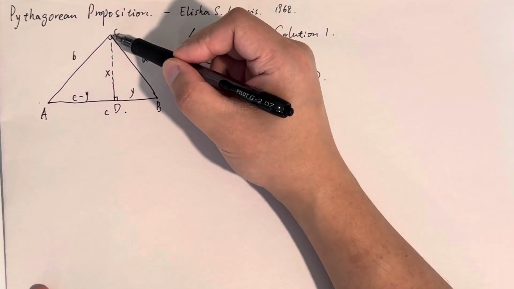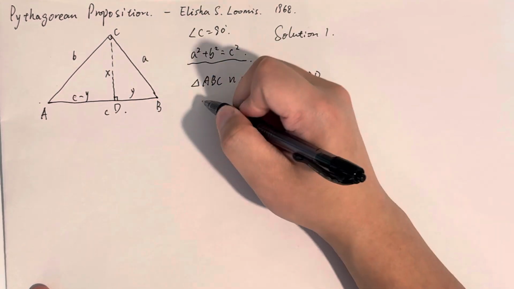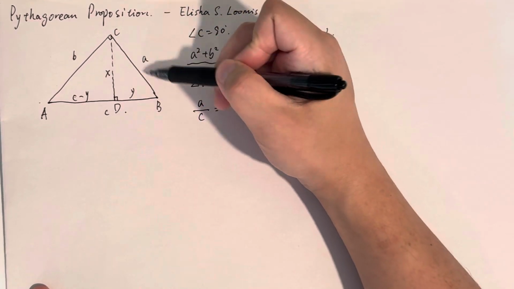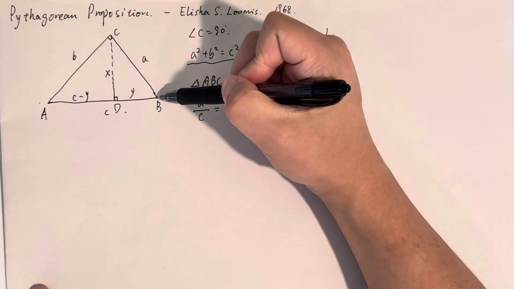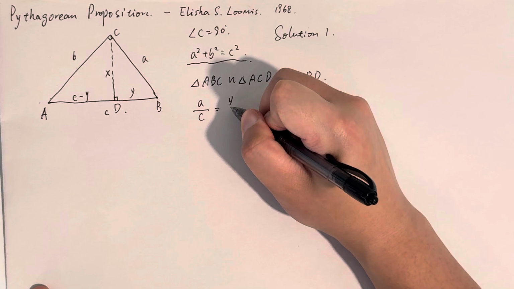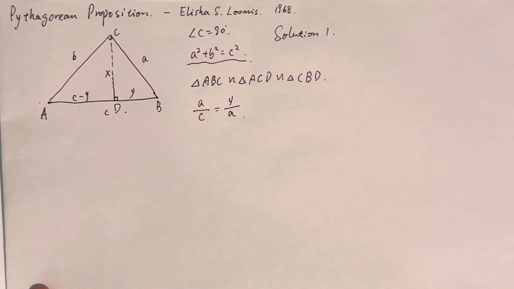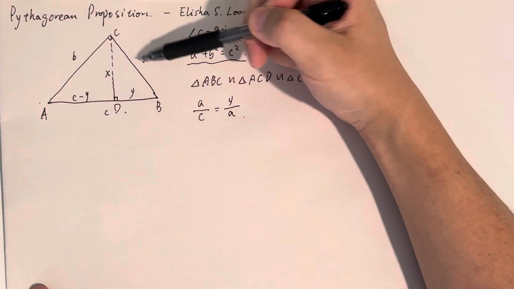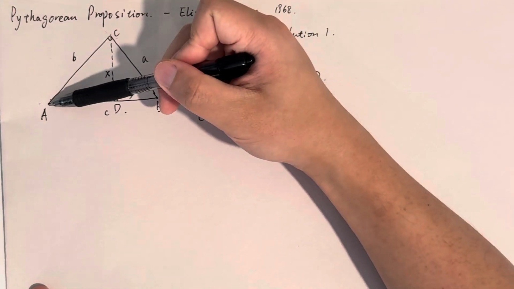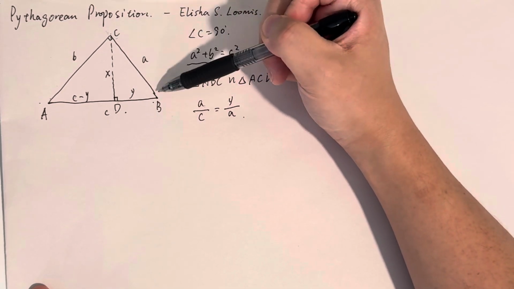Look at triangle CDB and triangle CAB, right? So we have a to c equals y to a, right? The first a to c equals y to a, right?